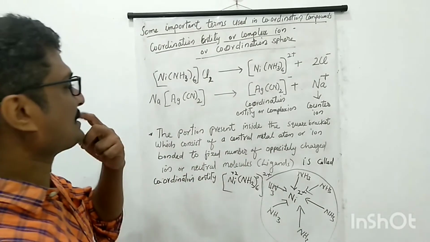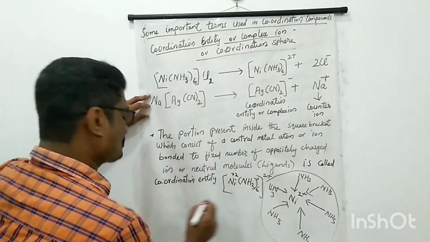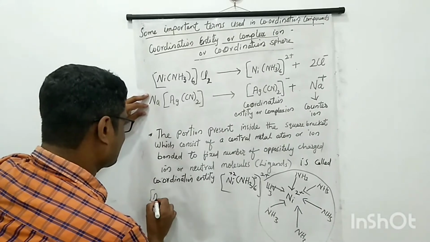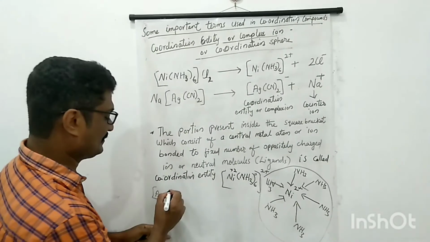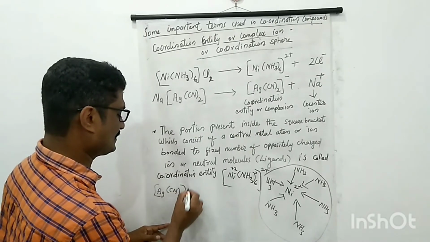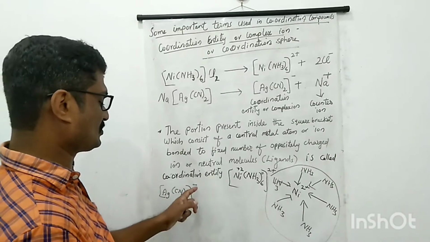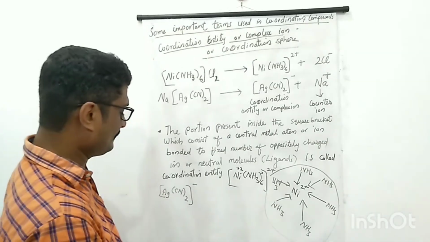Then consider the second example. Here the portion present inside the bracket is [Ag(CN)2] minus. Here the net charge is minus 1.